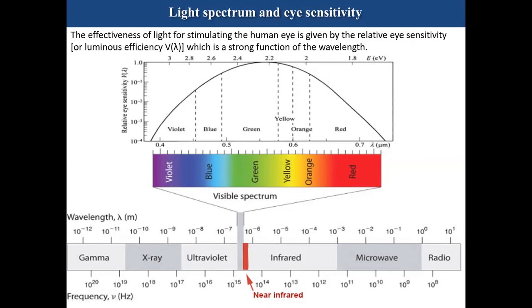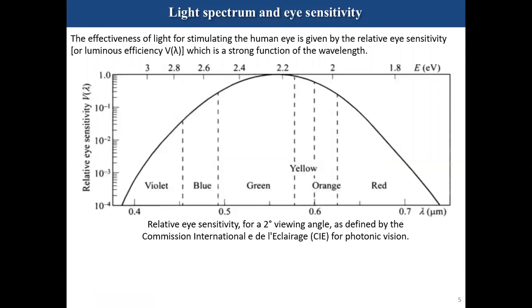Now, not everything is most sensitive to our eyes, and if you consider the eye sensitivity, then this is the region which has the highest sensitivity. So when we are building up LEDs, we need to be thinking about these parameters.